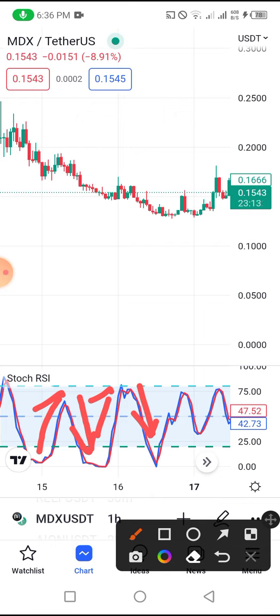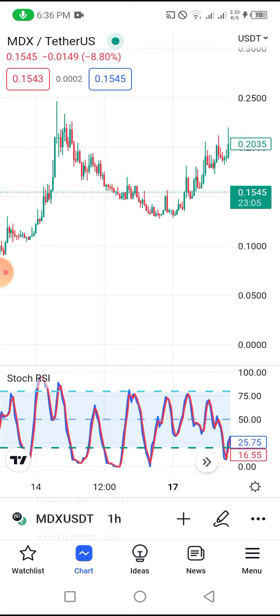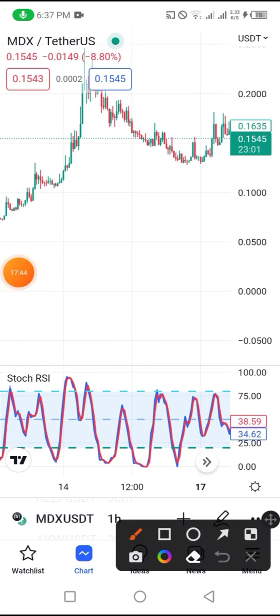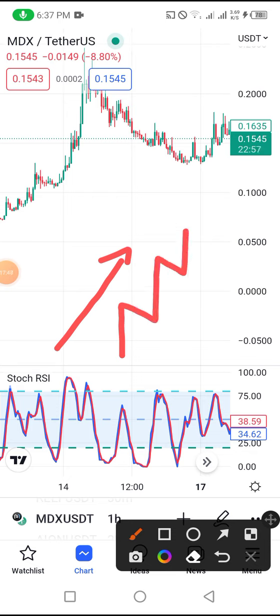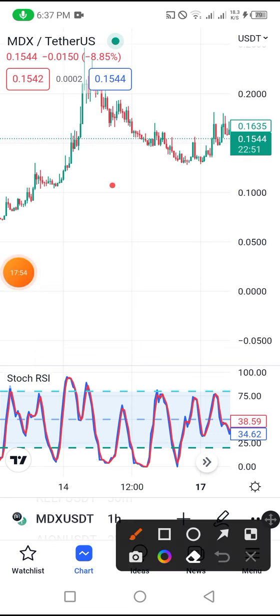Now, what is the interpretation of that? What happens is this: we have types of markets. There's an uptrend, where you see the market moving in this manner. And then there is a downtrend, where you see the market moving in this manner.